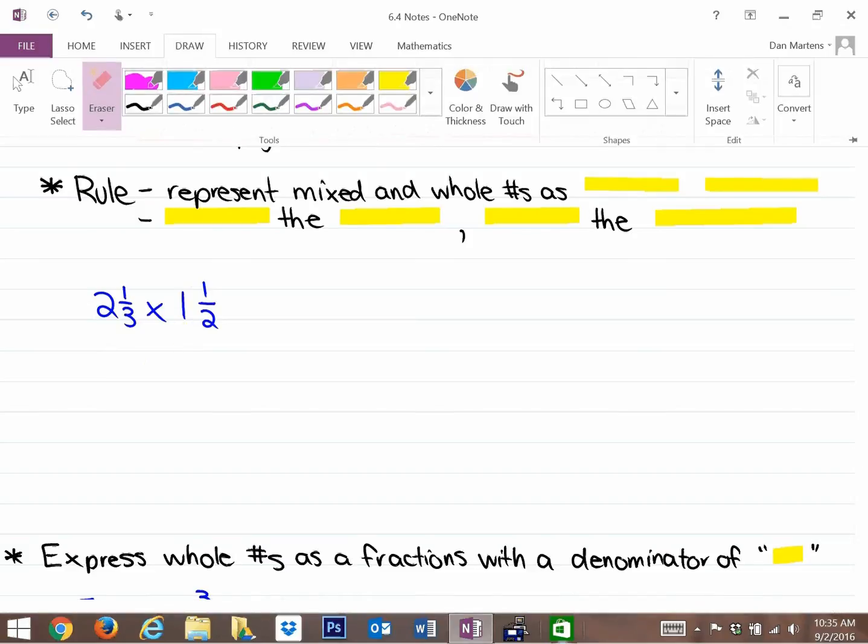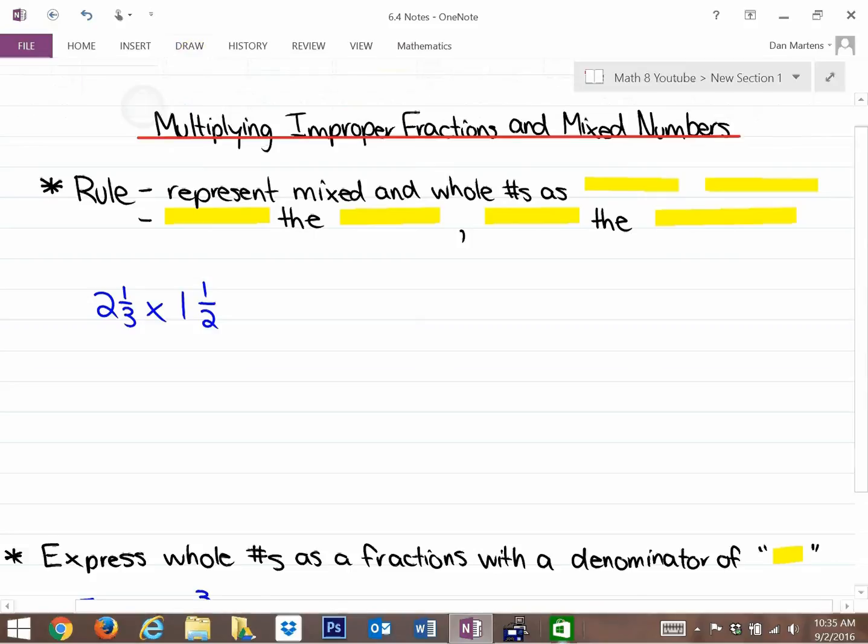What you first have to do is actually get rid of the whole numbers by making improper fractions. So represent mixed and whole numbers as improper fractions. And that looks like the following. So this 2 1/3 becomes 7/3.